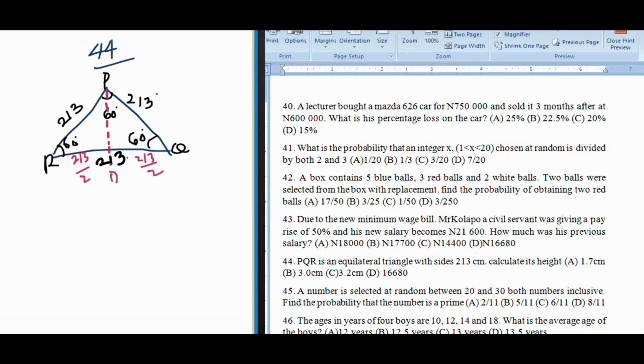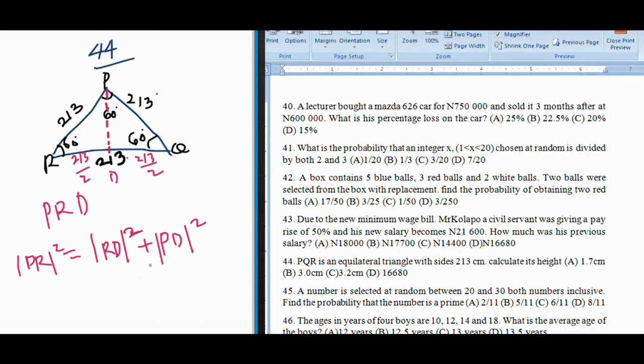Now by Pythagoras theorem, I want to use the side PRD. So by Pythagoras theorem, PR square will be equal to RD square plus PD square. It means our PD, which is the height that we are looking for, square will be equal to PR square minus RD square.